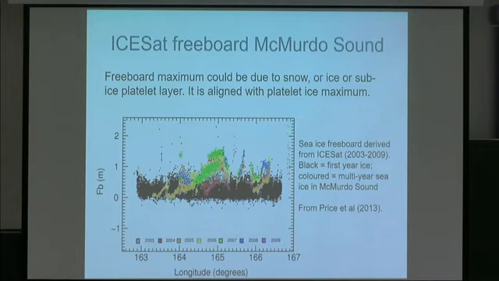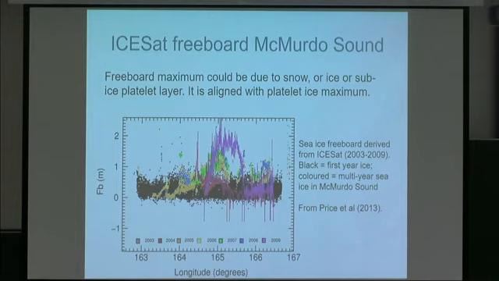And if we scale these sub-ice platelet layer measurements and plot them on top, we find that actually the peak of the sub-ice platelet layer is a little to the right, a little to the east of the peak in the satellite measurements, but that can be explained because it was so very close to the ice shelf and Coriolis pulled it to the left.